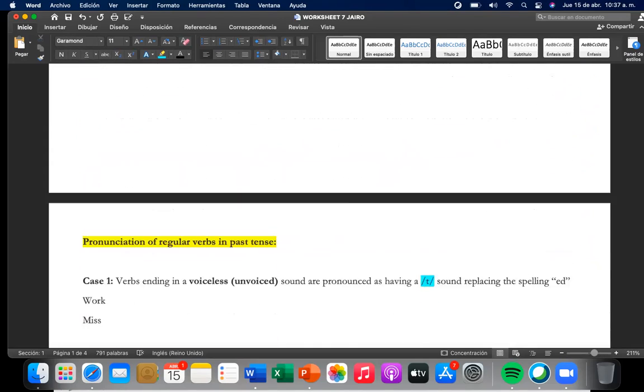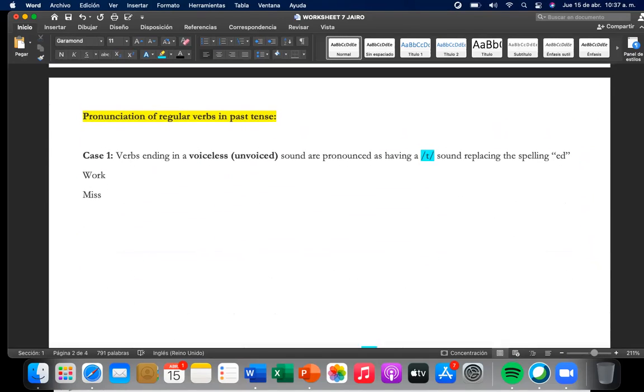So guys, this is the thing. When we talk about pronunciation of verbs in past tense, we need to take into account different things. So we're going to divide this explanation into 3 different cases. Case number 1, case number 2, and case number 3. Okay? So again, we're talking about regular verbs.